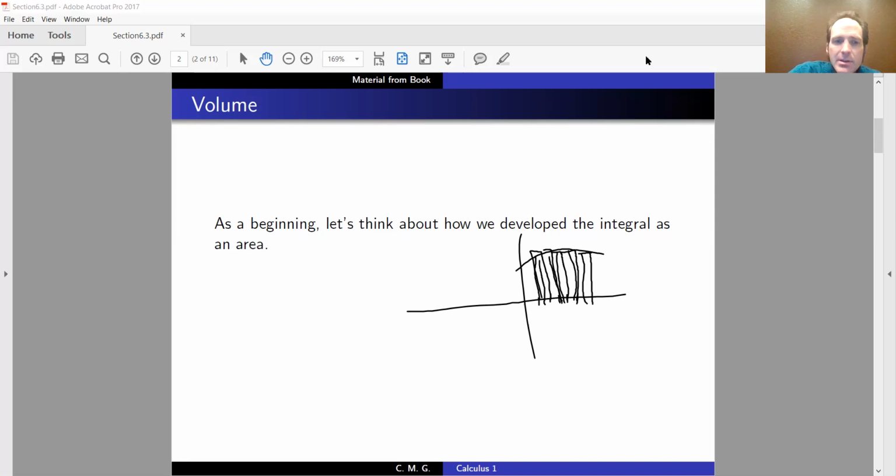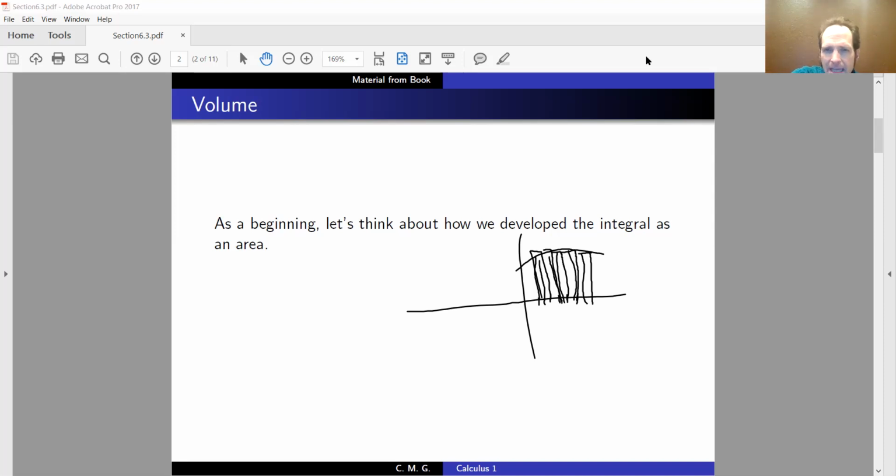Okay, so that's how we developed the area as an integral underneath a curve, with this delta x, this small distance that I multiplied to give myself the area of the rectangles that I'm breaking this into.